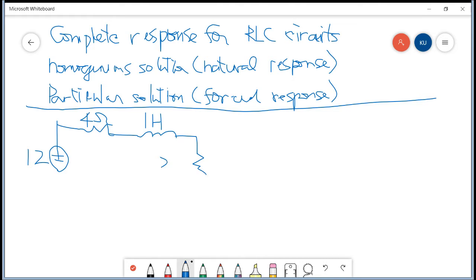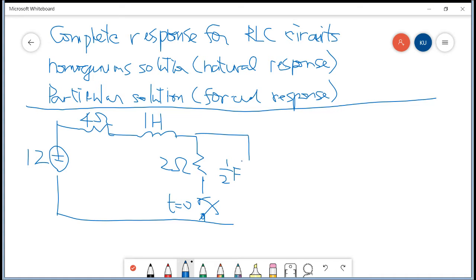This is 2 ohm. This is a switch which is closed at t equals 0. 1/2 farad, like this, V, and this is I.